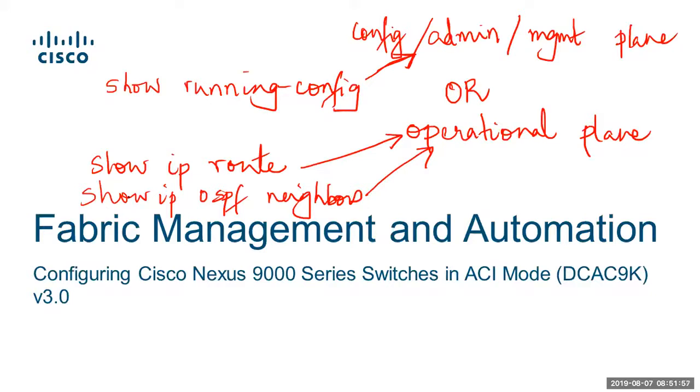Operational commands are the ones which show you real time how things are right now. Is it operating fine? So given that there is a difference between the configurational plane and the operational plane, understand this. This is something you will need going forward for any programmability that you may venture into.